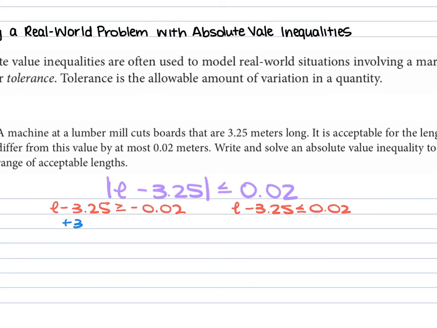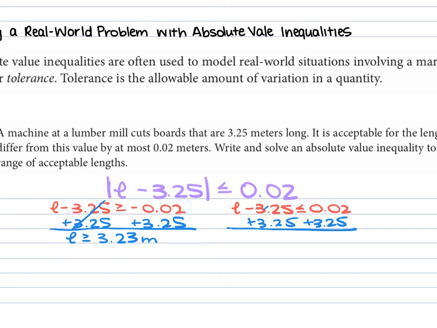Move the 3.25 over, add it to each side. This is going to give us that length is greater than or equal to 3.23 meters, and your length is less than or equal to 3.27 meters.